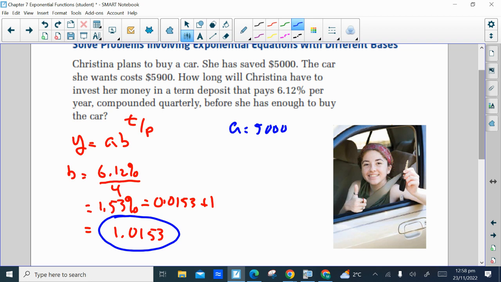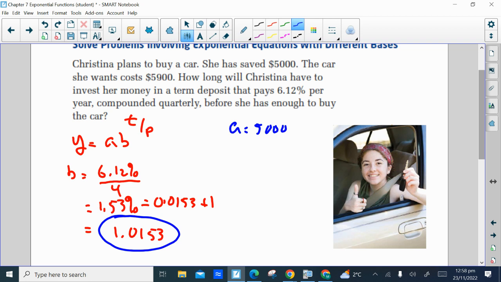And t is the time in years, and that will be divided, actually, it will be the time in months, because that's going to be divided by 4, because that's how many times a year the interest is calculated. It's calculated quarterly.